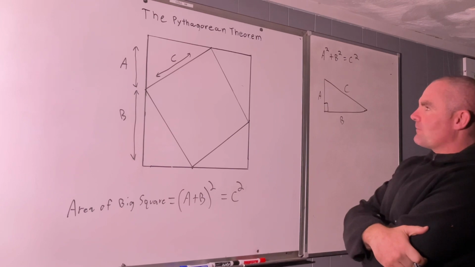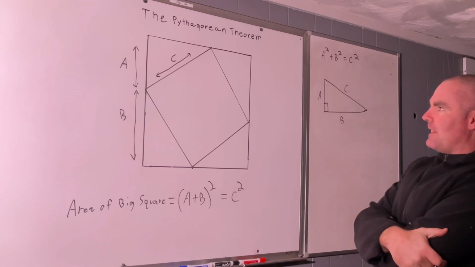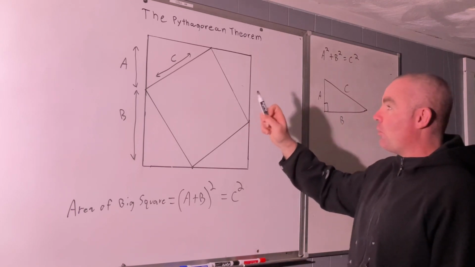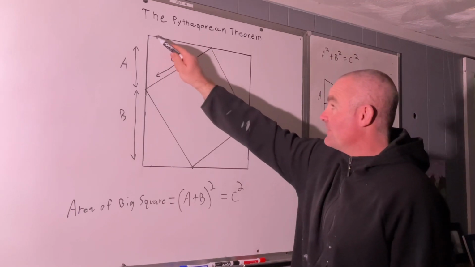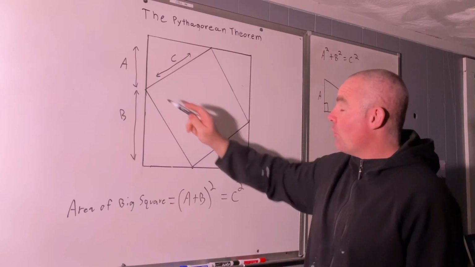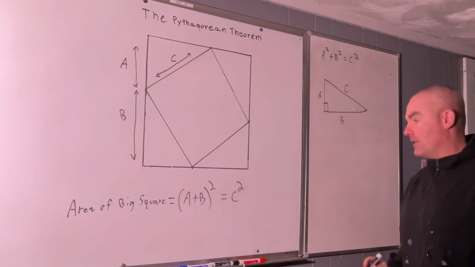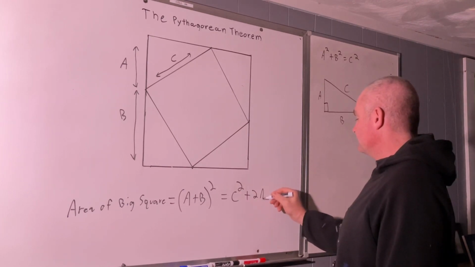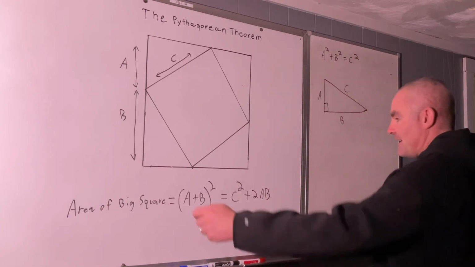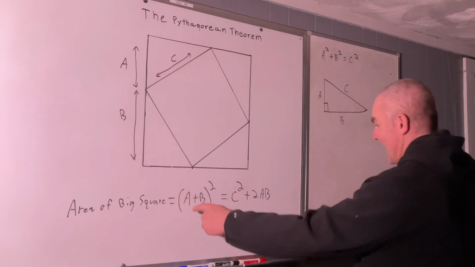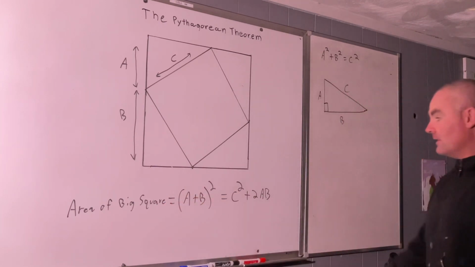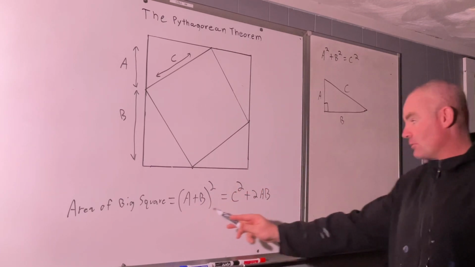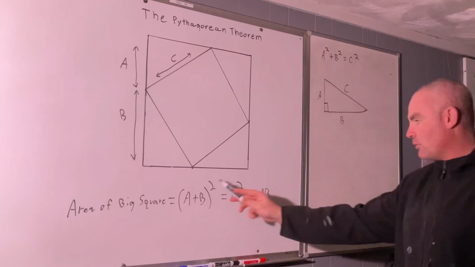Well, we know that the area of a triangle is 1/2 length times height, or length times width, whatever. In this case, it's going to be 1/2 A times this side, which is B. 1/2 A times B, but we have 4 of them, so it's really 2AB. All right, so the area of the big square is equal to either A plus B all squared, or it's equal to C squared plus 2AB. And both those things will add up to the exact same area, so they're equal to each other.